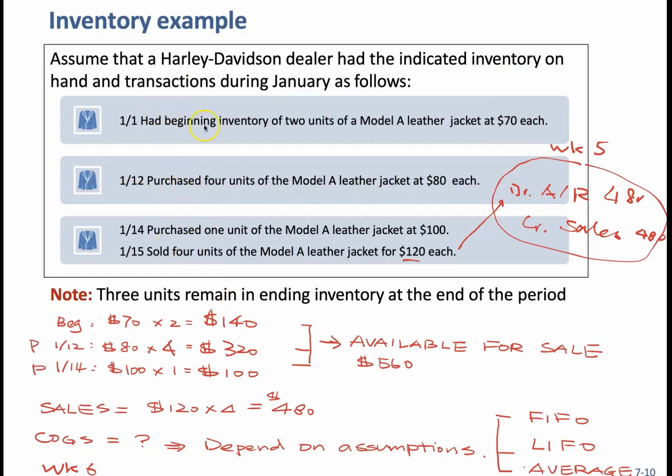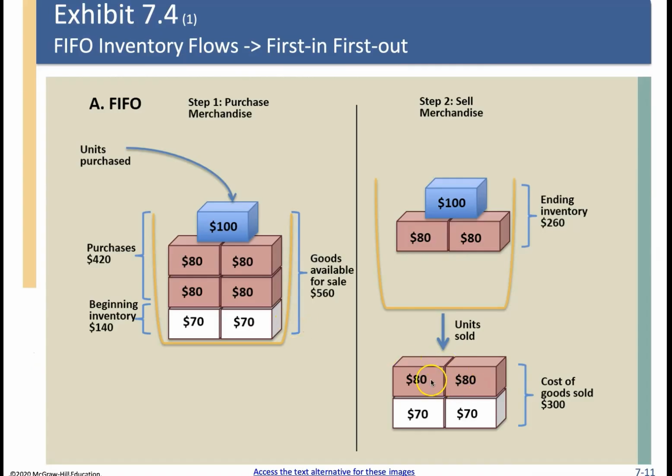So we take the beginning balance, we exhaust the first batch of the inventory, and then we move on to the next batch and take the 2 units out of the 4 from the second batch. So formally you use 2 multiplied by 70 plus 2 multiplied by 80, that equals the 4 units you're selling and gives you the cost. So visually, it's the 70, 70, 80, 80 added up to be 300, right?